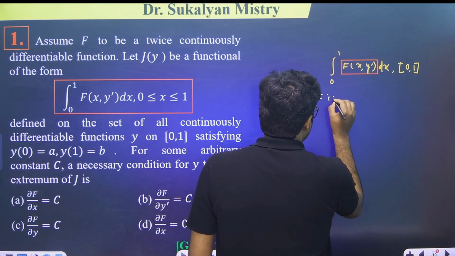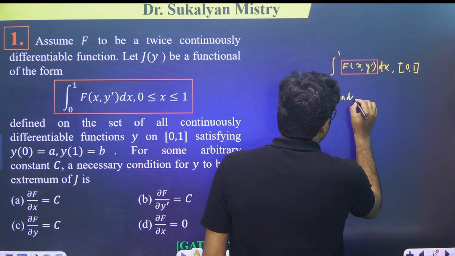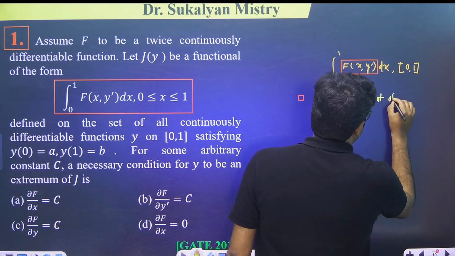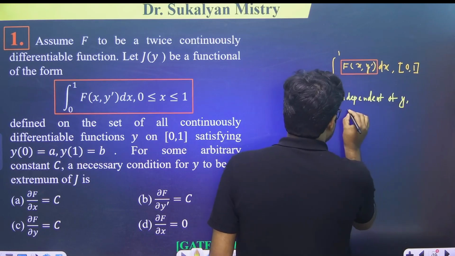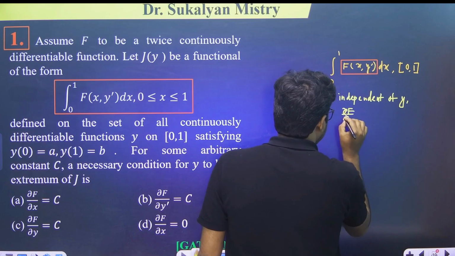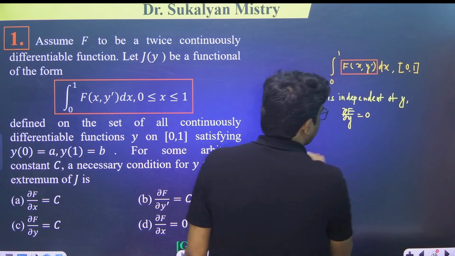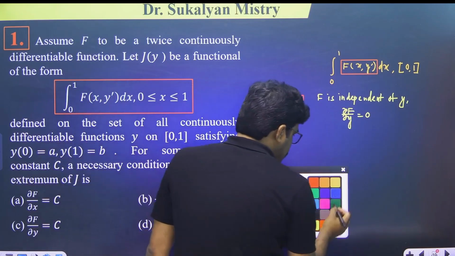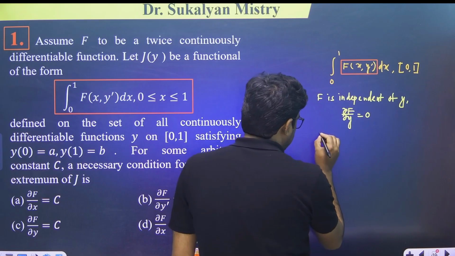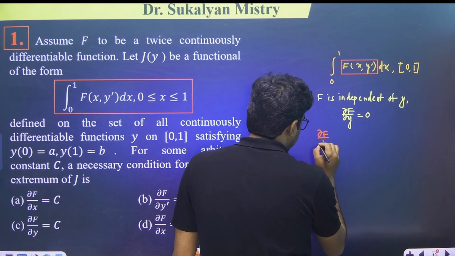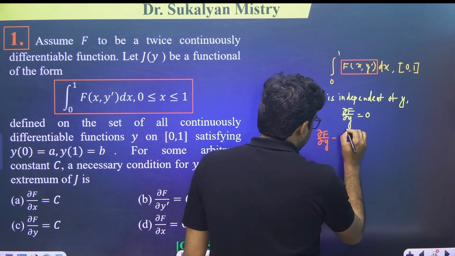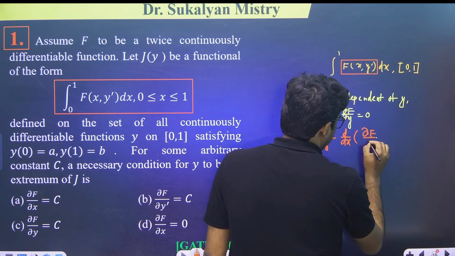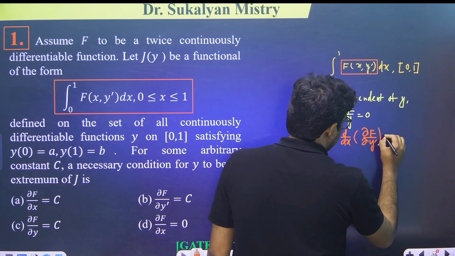F is independent of y. That means del f/del y is equal to 0, right? Then Euler's equation becomes, what is Euler's equation? That is del f/del y minus d/dx of del f/del y dashed is equal to 0.